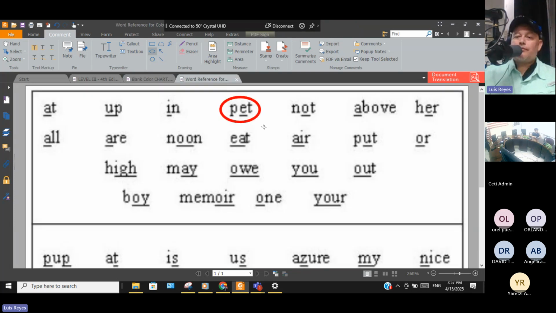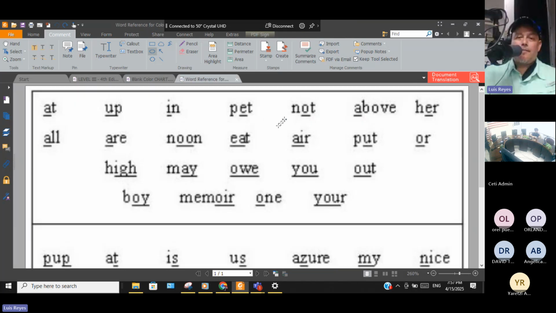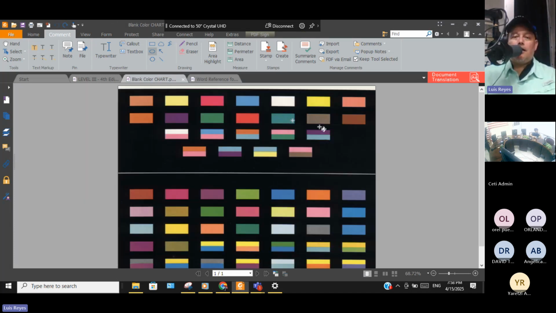Pet, P-E-T, on the color chart. Not, N-O-T, on the color chart.